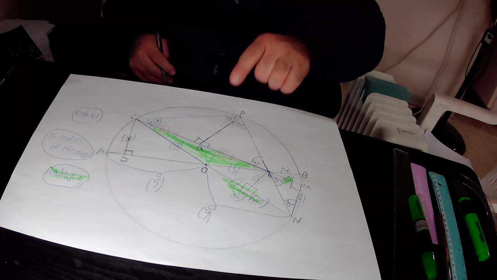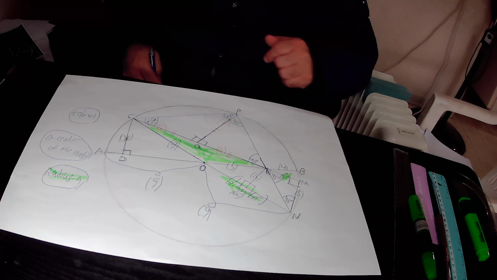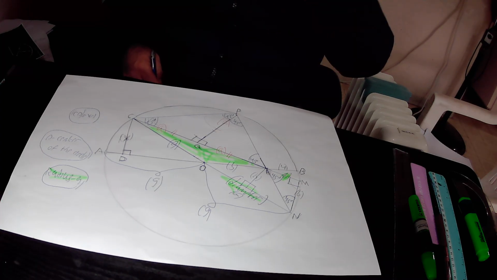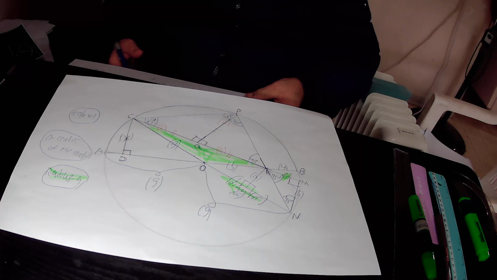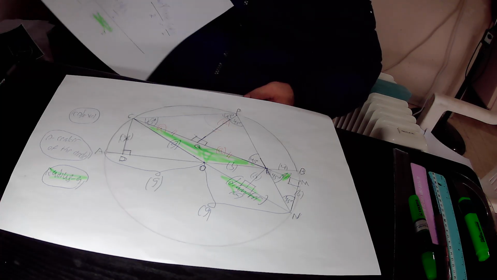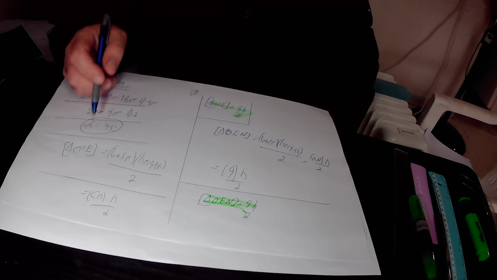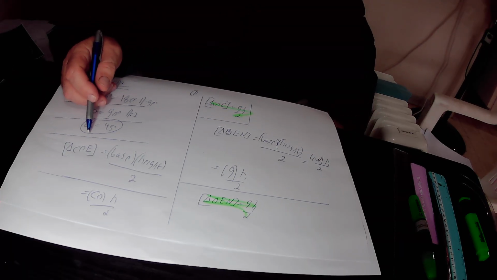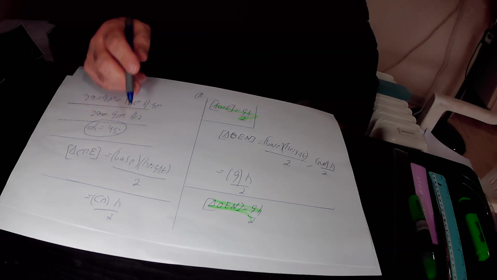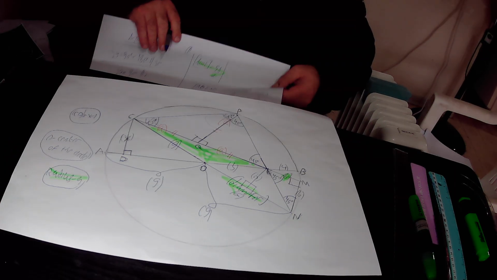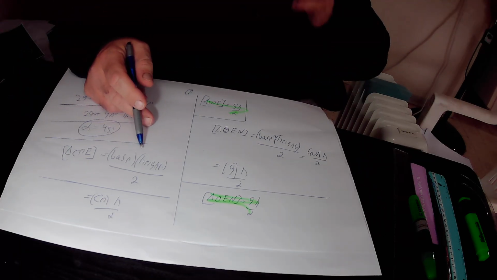In the next step, we calculate the area of this green triangle COE according to the rule that the area of any triangle equals the base of the triangle times the height to the base over 2. It is the height to the base or the height to the extended base, it doesn't matter.